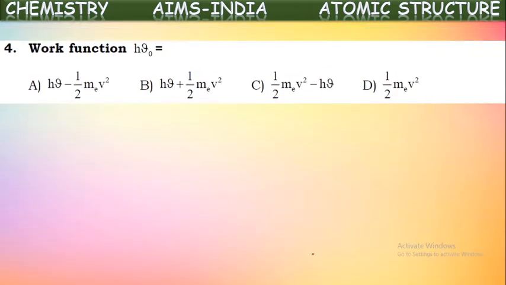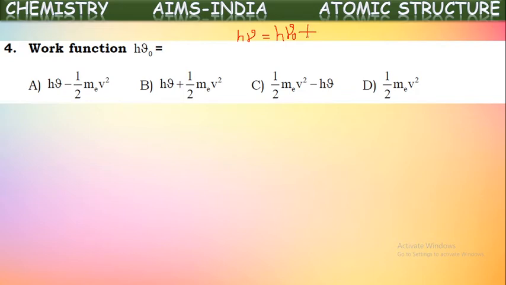Next one, work function h nu naught is equal to. According to the photoelectric effect, the total energy passed onto a metal surface is equal to the work function of that metal, nothing but the threshold energy, or the energy required by the metal to eject electrons, which is called work function or threshold energy, taken as h nu naught.